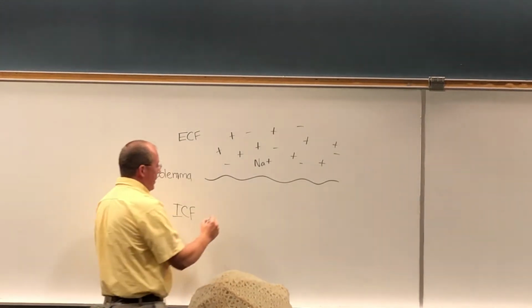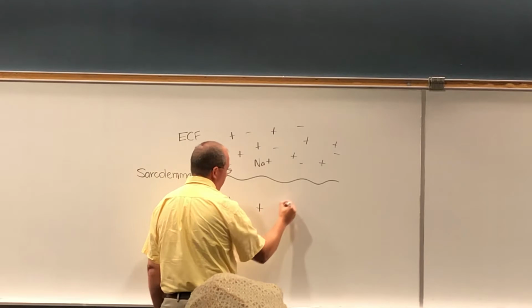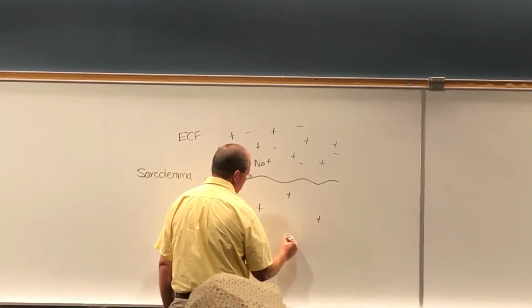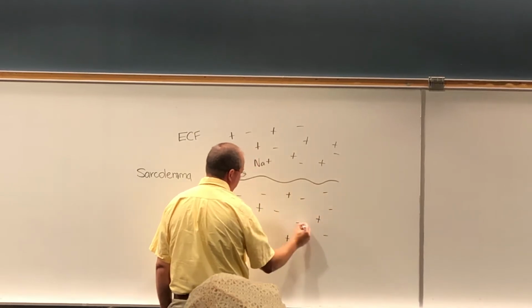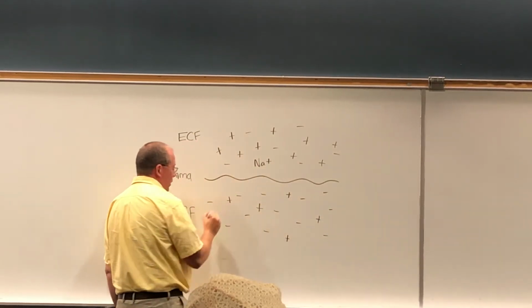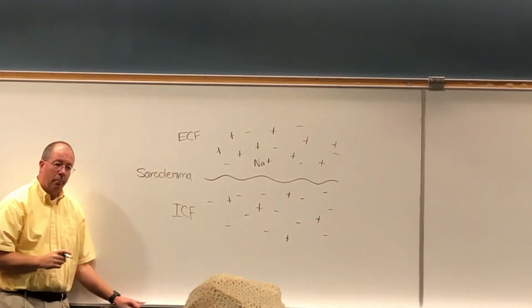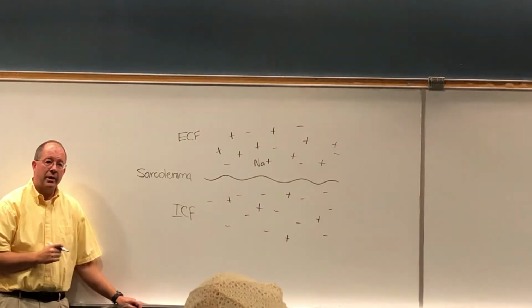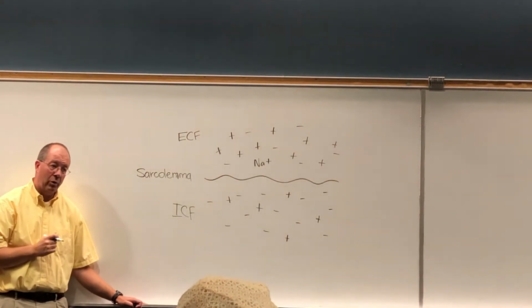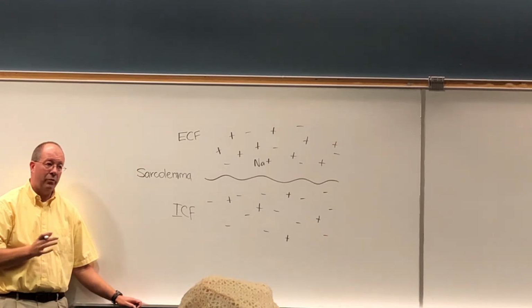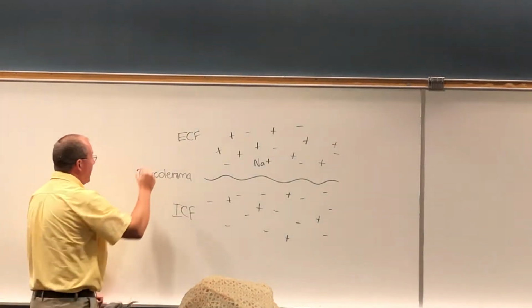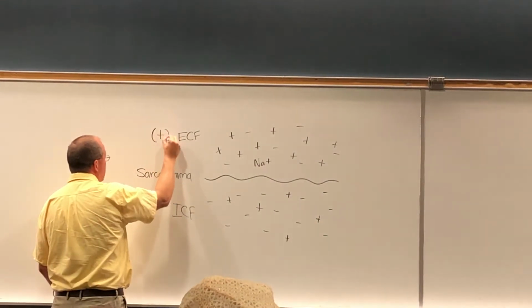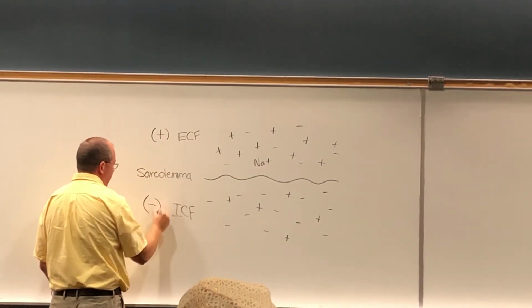On the inside, we have some positive cations, but the majority is negative. The take-home message so far is that this membrane is stuck in between two drastically different charges. On the outside, it's very positive, and on the inside, it's very negative.